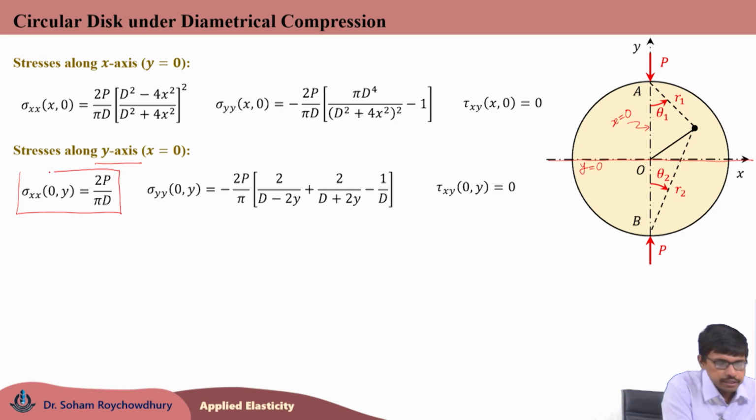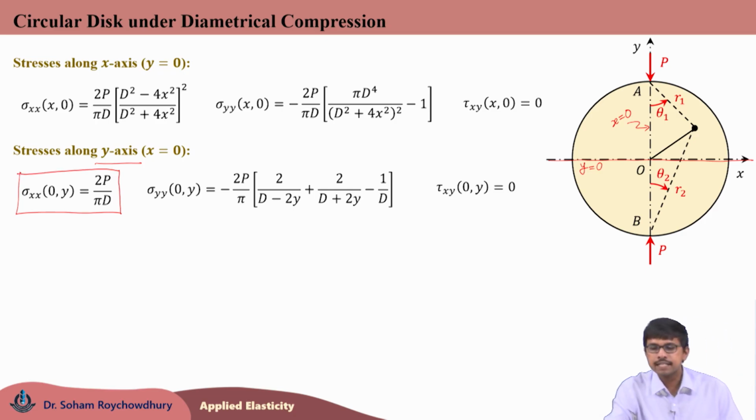Now, this is interesting. Along the axis of loading, along the y axis, the x equals 0 line, we are getting a constant tensile stress sigma xx equal to 2P by pi D. So, for all the points on that y axis joining A and B, sigma xx is constant, and this particular nature of the stress distribution is used for this setup.